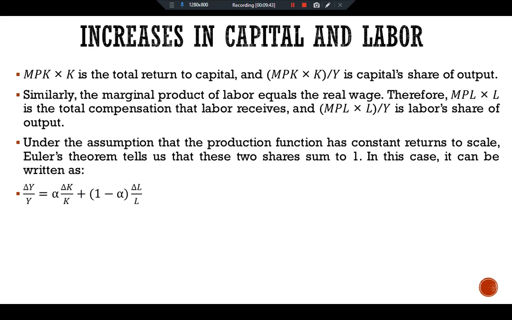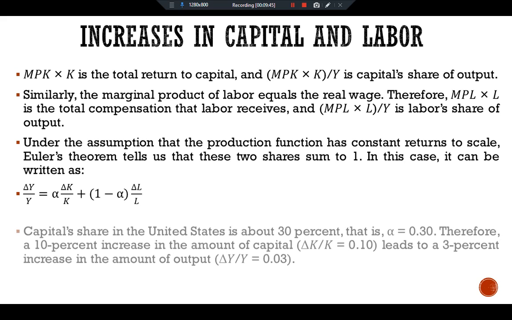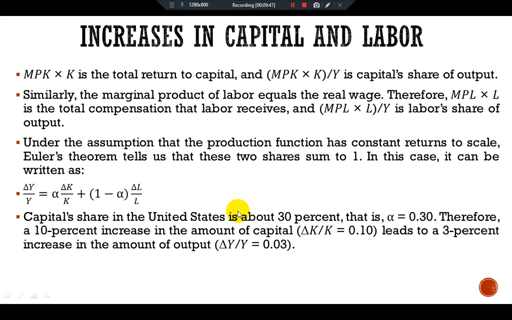Okay, capital share in the United States is about 30%, that is alpha is equal to 0.30. Therefore, a 10% increase in the amount of capital, delta K over K equal to 0.10, leads to a 3% increase in the amount of output, that is delta Y over Y is equal to 0.03.